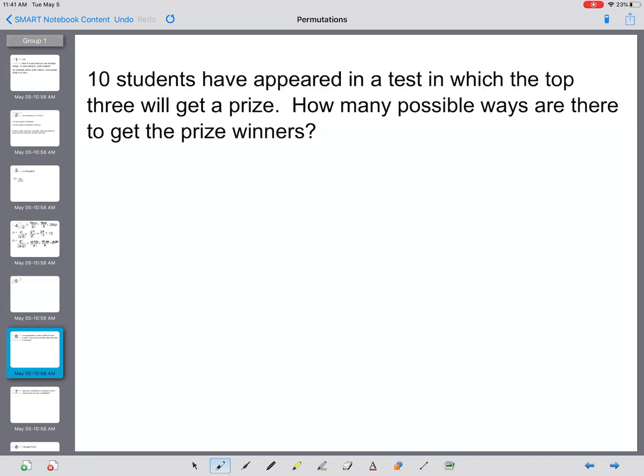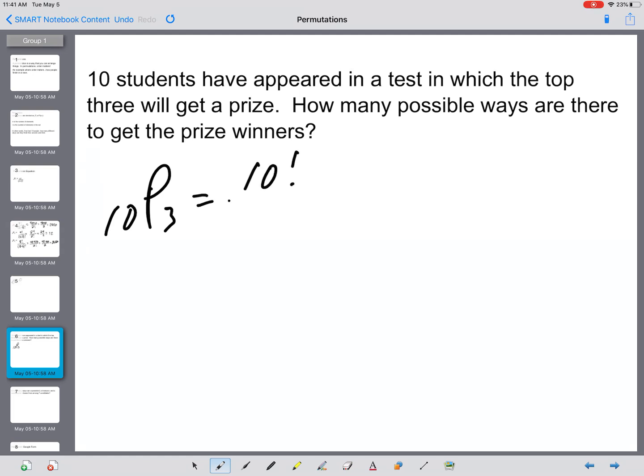We've got 2 word problems. 10 students have appeared in a test in which the top 3 will get a prize. How many possible ways are there to get the prize winners? Here I know I have 10 students total. I'm looking at permutations because I want to know how they finish, and I'm looking for 3.